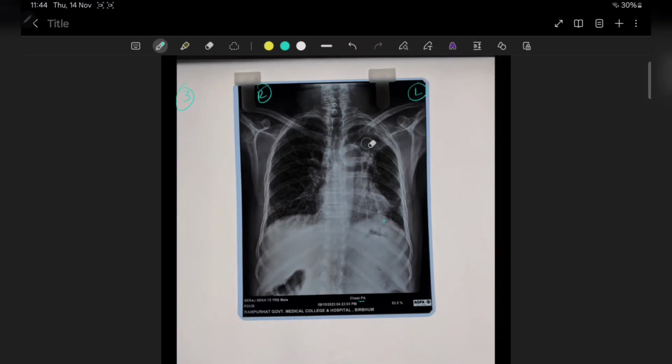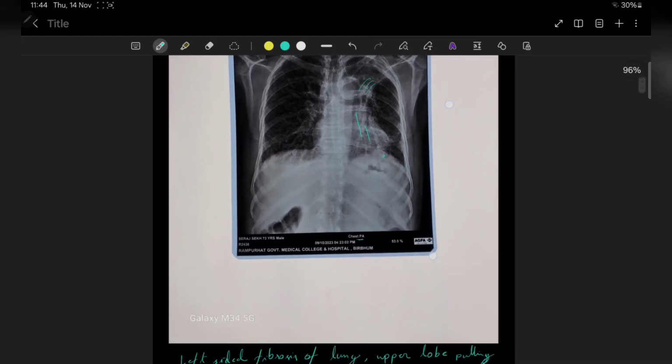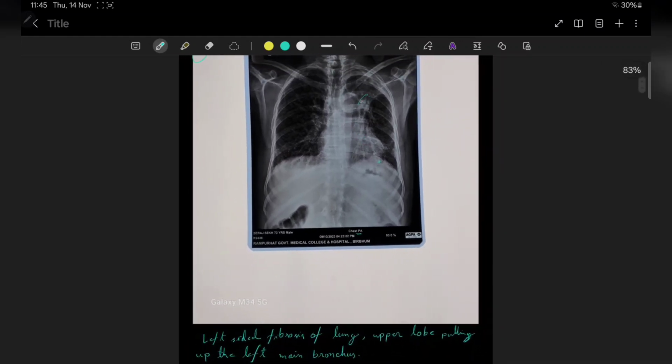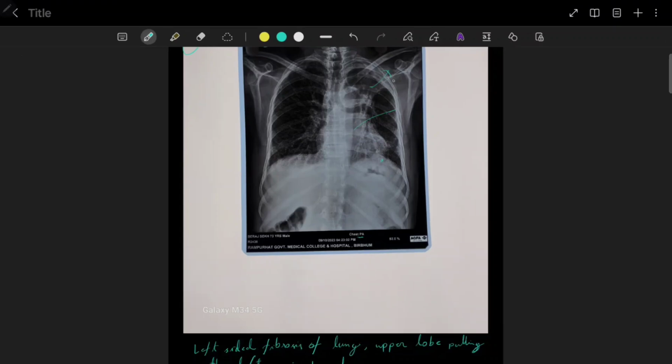It looks like fibrosis. So what is the diagnosis in this patient? It is left-sided fibrosis of the lung, and the upper lobe of the lung is pulling up the main bronchus, okay.